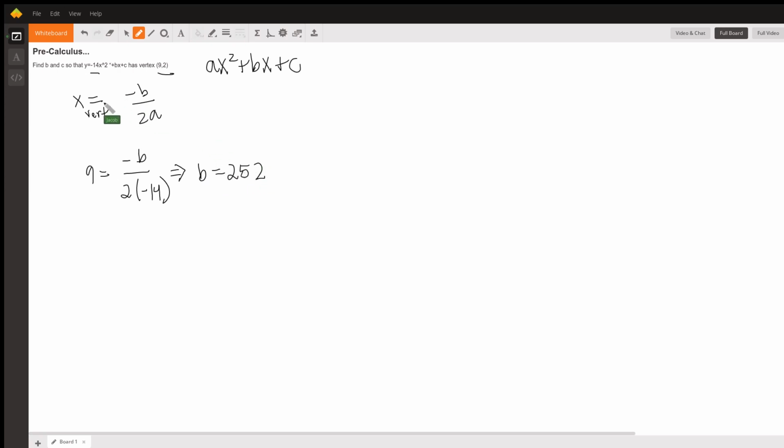Now at that point, my original equation is y equals negative 14x squared plus 252x, and then plus c. And at this point, because I have a point, right, 9 comma 2, I can just plug in 9 for x, plug in 2 for y, and see what I get for c. So I'll say 2 is equal to negative 14 times x, which is 9 squared, plus 252 times that 9 plus c.